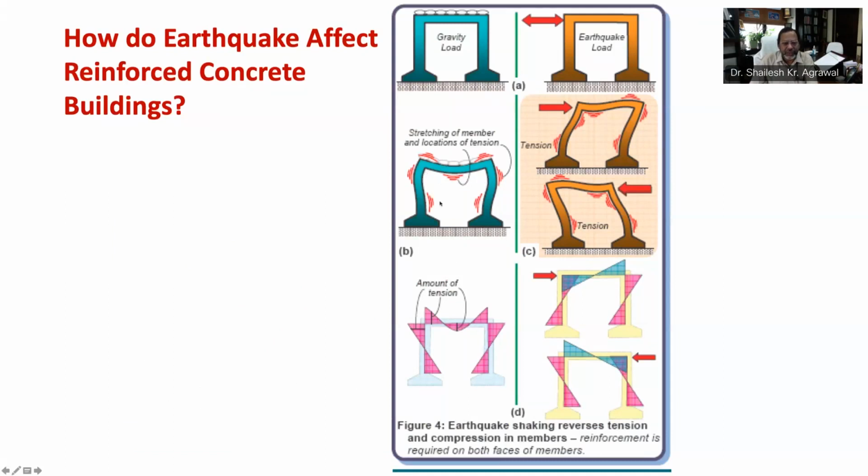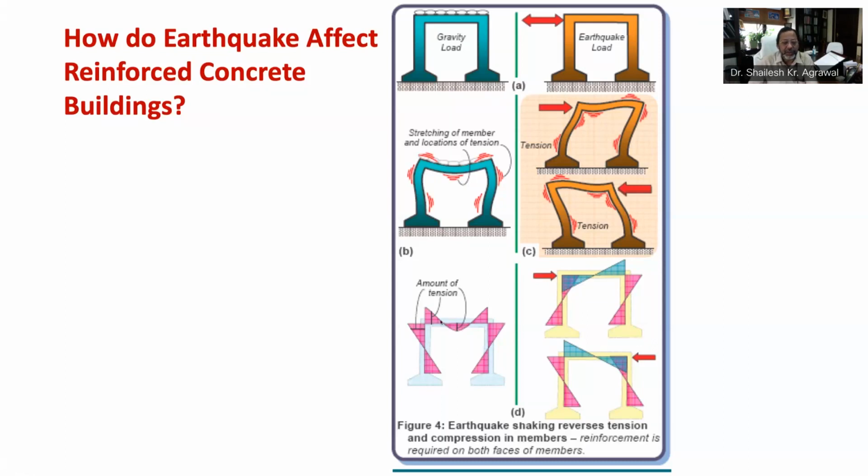That means tension is generated at surfaces that stretch and compression at those that shorten, as you can see in this figure 4b. Under gravity load, tension in the beam is normally at the bottom surface of the beam in the central location and is at the top surface at the ends, as you can see in this figure 4c.